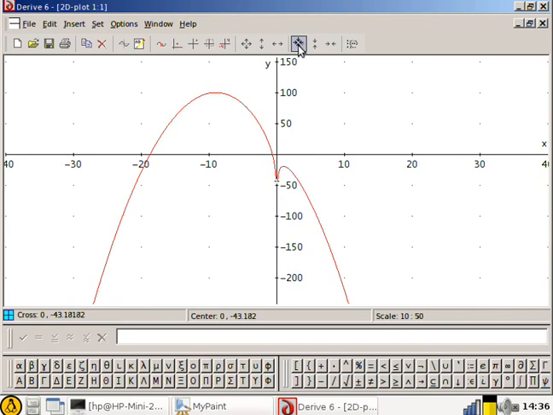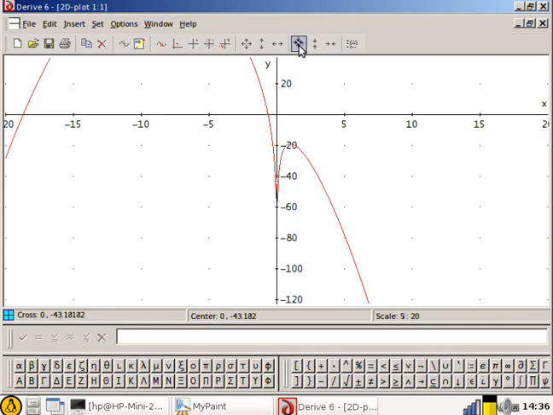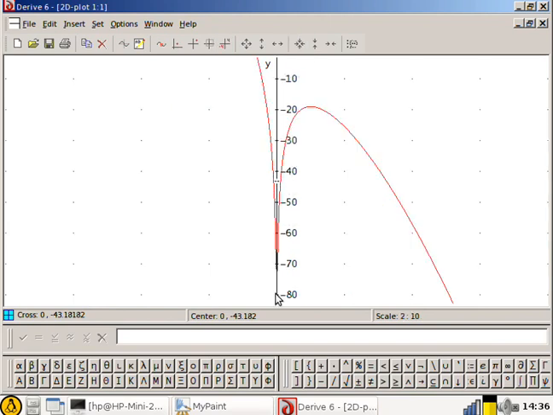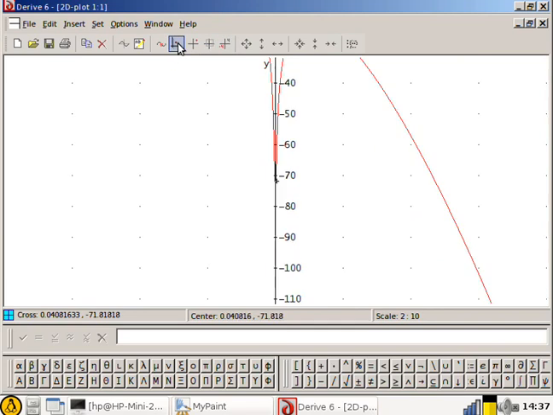Center on cross and zoom in. Alright, so where would you say the minimum is at? Minus 70. Okay, so let's zoom in to get an exact answer. Center on cross. Here it is. There we go. Okay, let's zoom in a bit more.